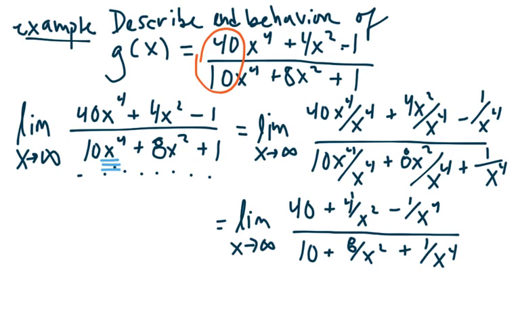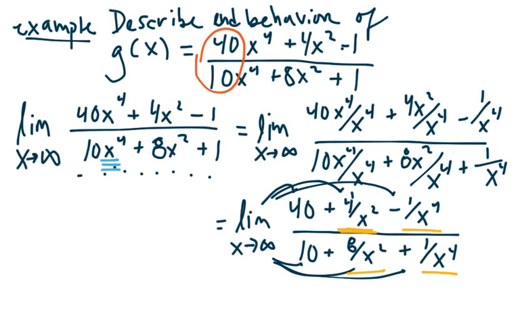Now if you recall from last week some of the limit rules, you are allowed to take the limit of each of these terms separately. As x gets very, very large, this term is going to go to 0. Same with this one, same with this one, and same with this one.